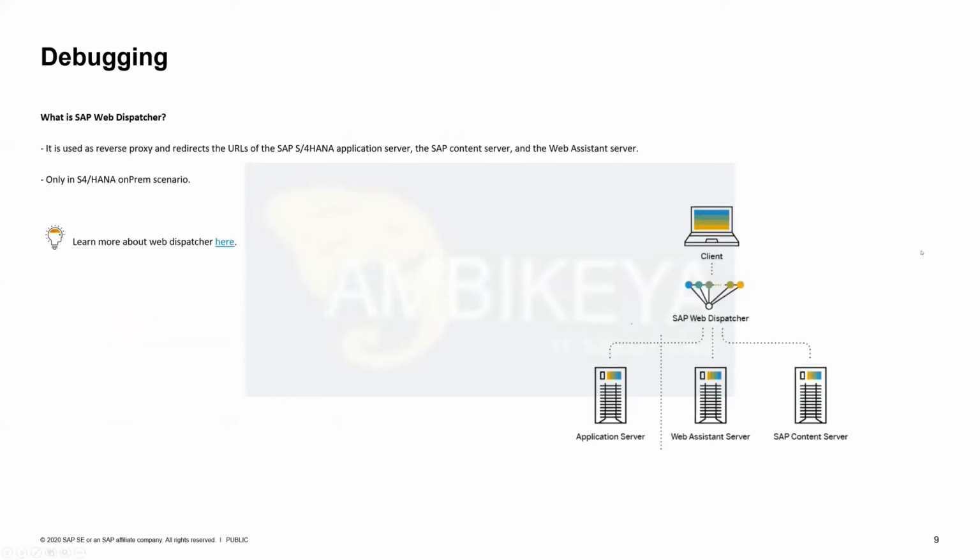Because the next 2 errors that I want to talk about are very common in the S/4HANA on-prem scenario. And in that scenario, we have Web Dispatcher in place. I want to just tell you very shortly what Web Dispatcher is. So like I said, first of all, it's only in the S/4HANA on-prem that we use Web Dispatcher. And it's basically a reverse proxy.